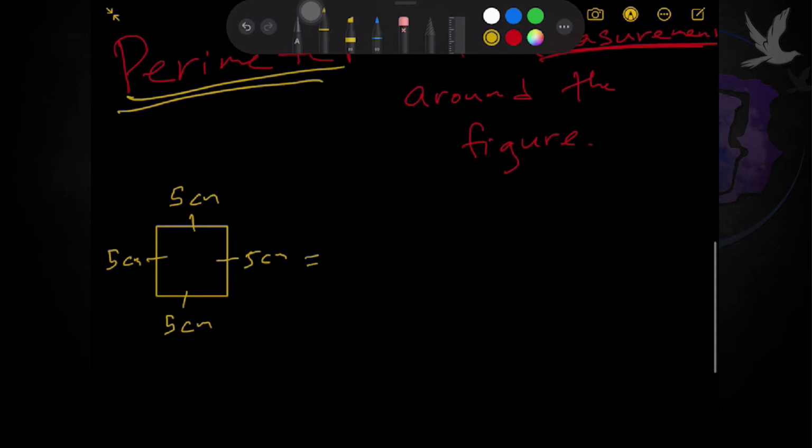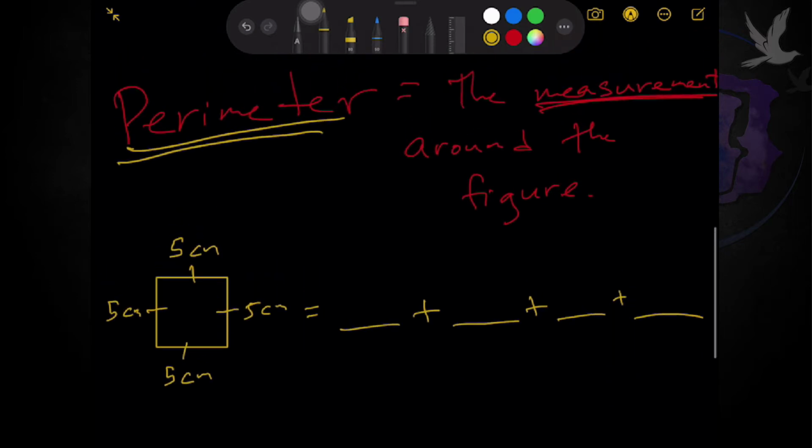All you need to do is just to add all 4 sides. Okay. No matter what the figure is, when we talk about perimeter nga, it's the measurement around the figure. So, you just need to take or solve for or add all sides possible. So, whether it is a triangle ba siya, pwedeng square, rectangle, pentagon, hexagon, whatsoever.